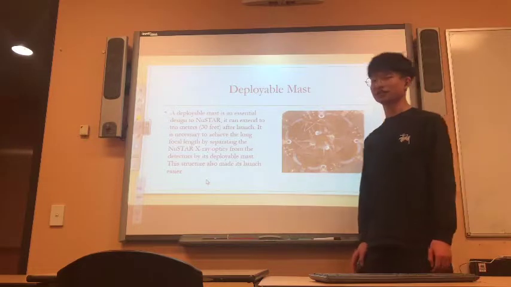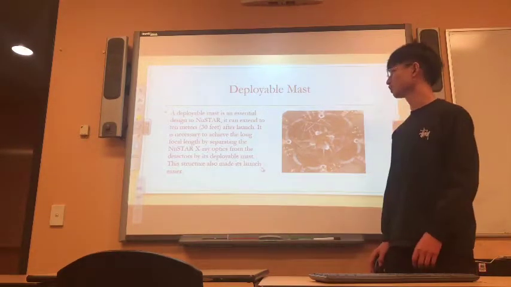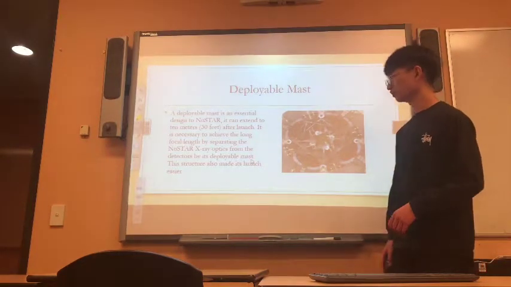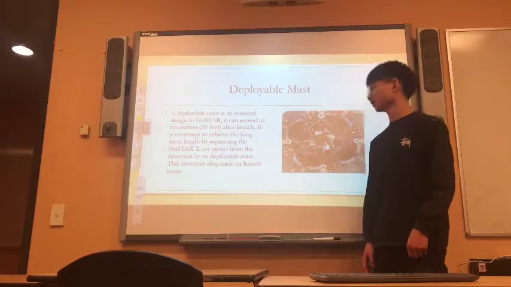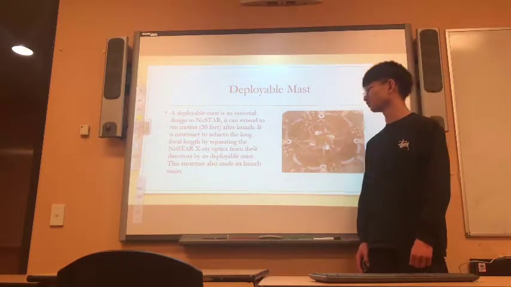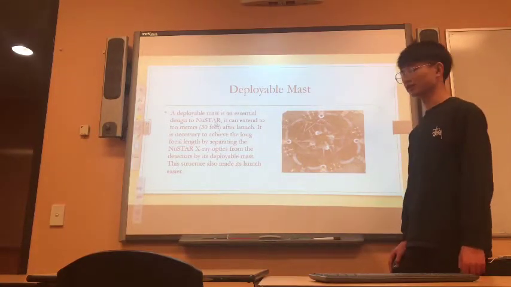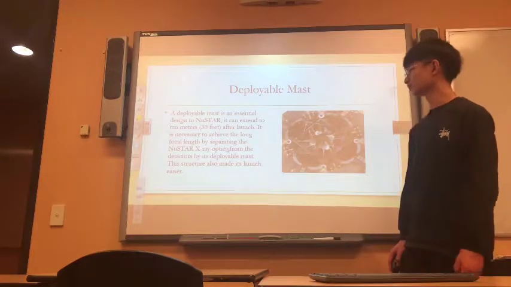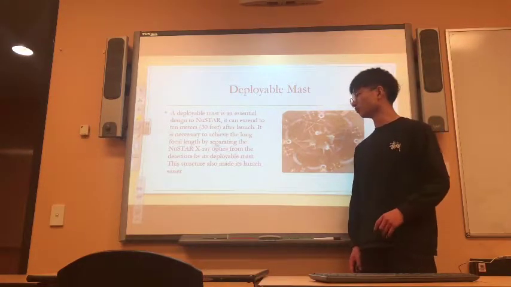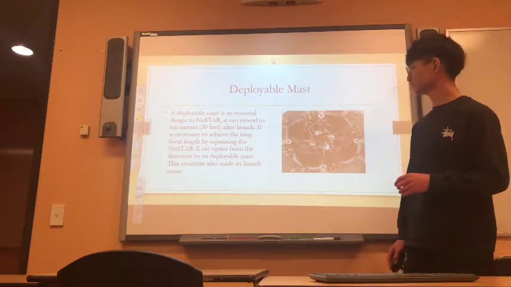It can extend to 10 meters after launch. It is necessary to achieve the long focal length by separating the NuSTAR X-ray optics from the detectors with its deployable mast. This structure also made the launch easier.